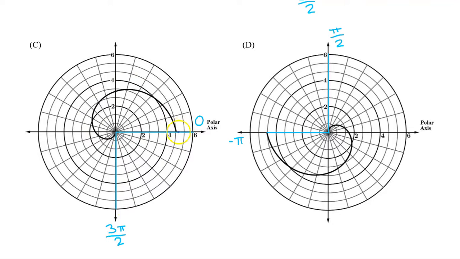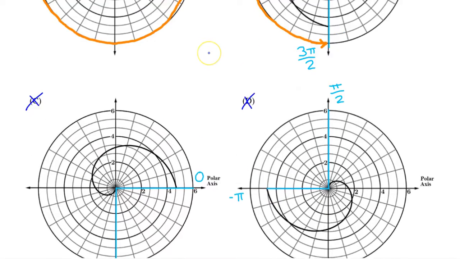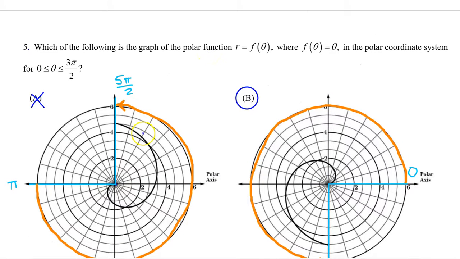Instead of starting at an r value of 0 when theta equals 0, it starts at an r value of 4 point something at theta equals 0, and then gets smaller as we rotate from 0 to 3 pi over 2 instead of bigger as it should. So C is not the answer, and D is not even close. So the answer is B.